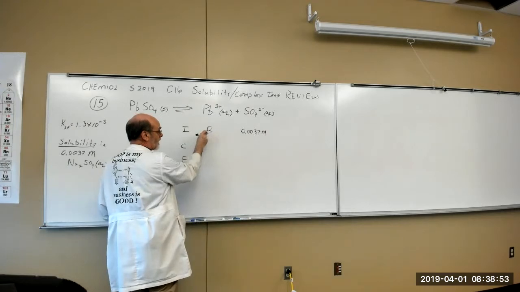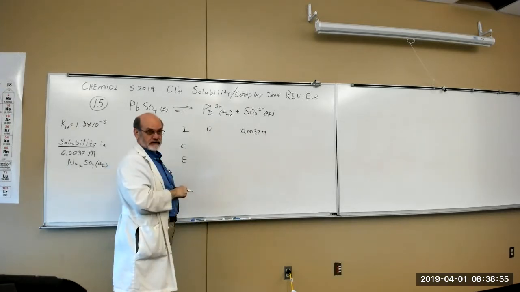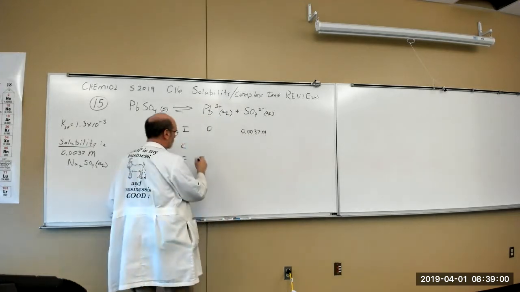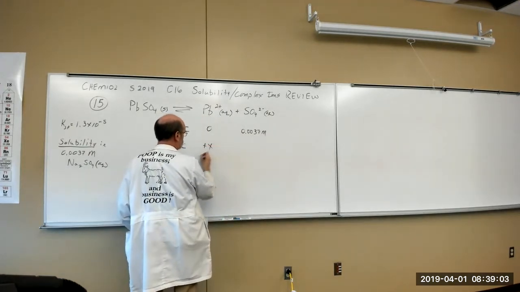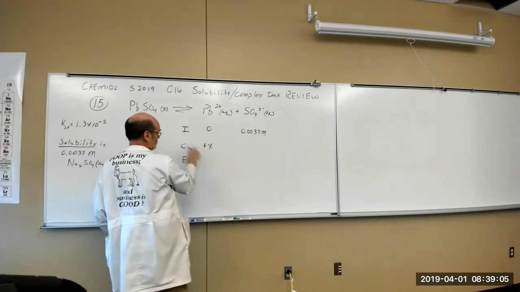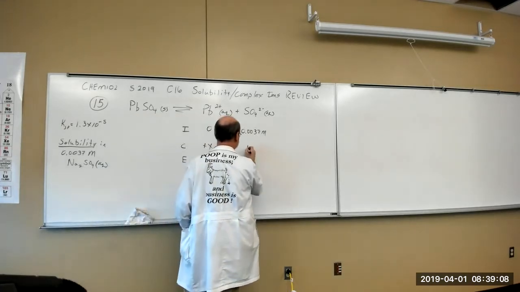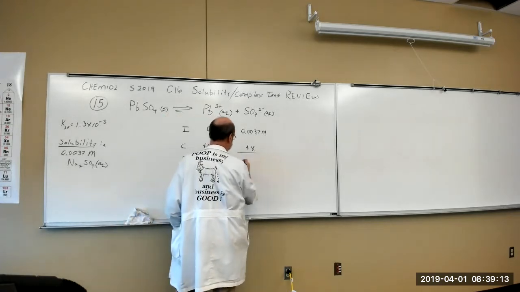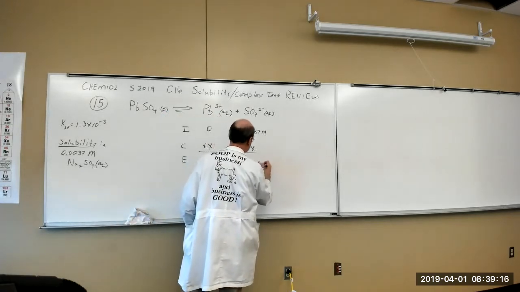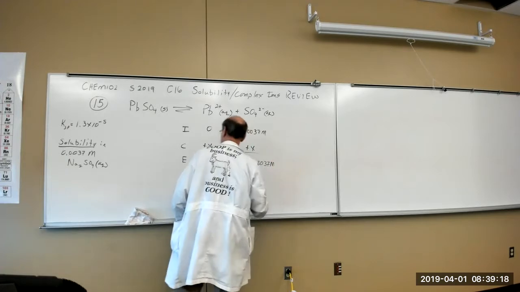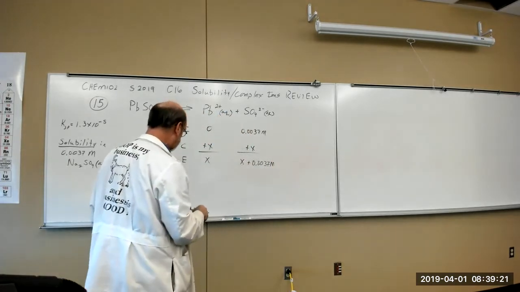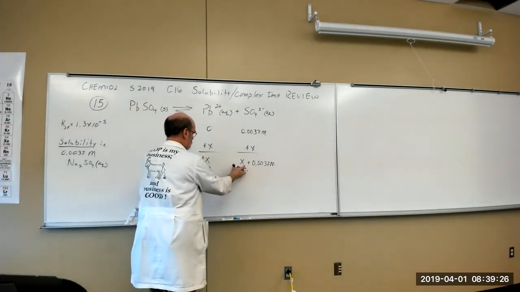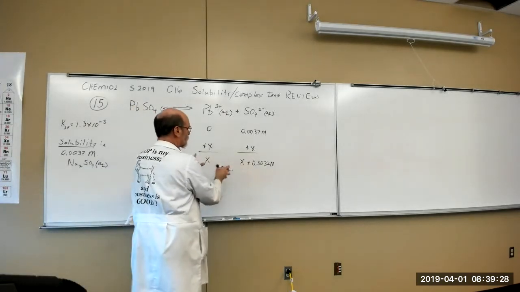Okay, so what change are we going to get? Well, since we've got none of that, it's got to go this direction. It just won't go as far as it would if that were 0 too. So this is going to be x, which will give us the value of that. We're going to add some of this since it's also 1 to 1. This is x plus 0.0037. Now you can set this up as your terms in the solubility product.